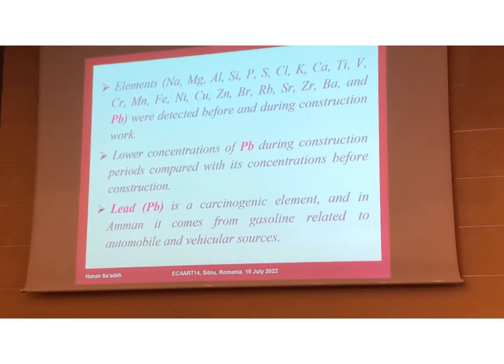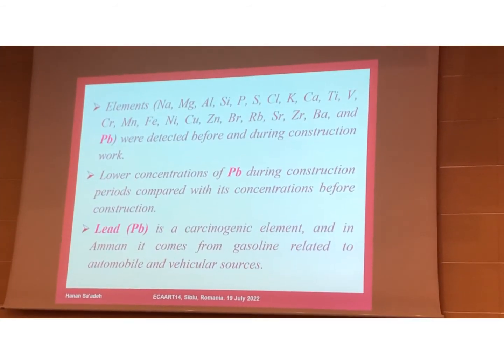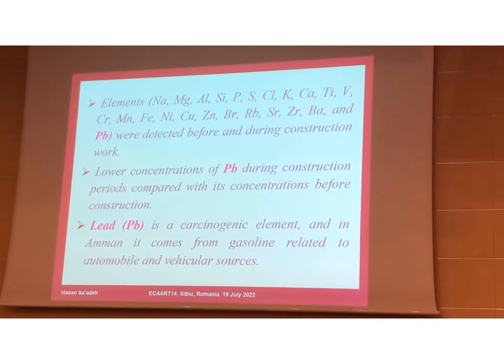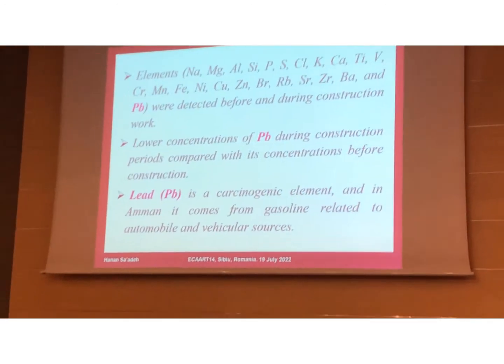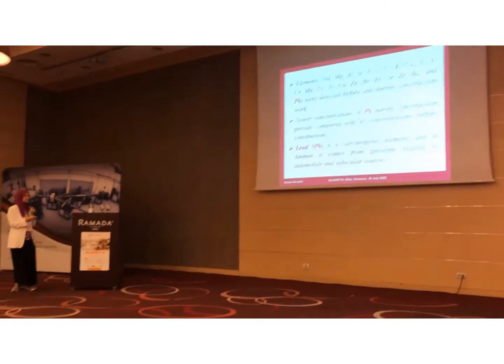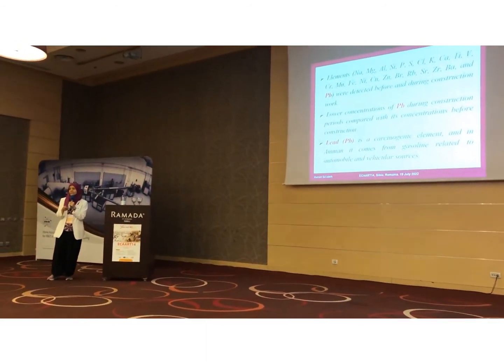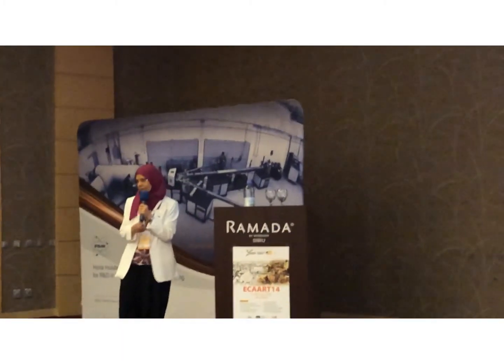So lead is harmful. It exists before and during construction in the Amman atmosphere, but the concentration dramatically decreased during construction work. And because lead is harmful and it's considered carcinogenic, even if it's found in trace amounts, I think it was worth being studied.